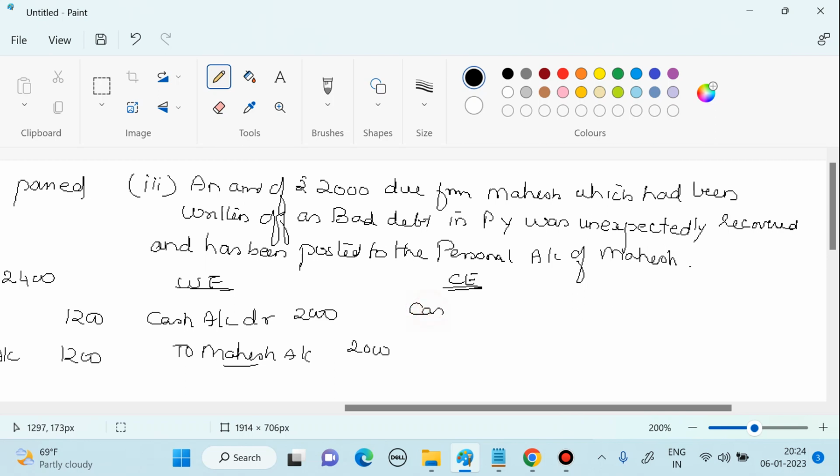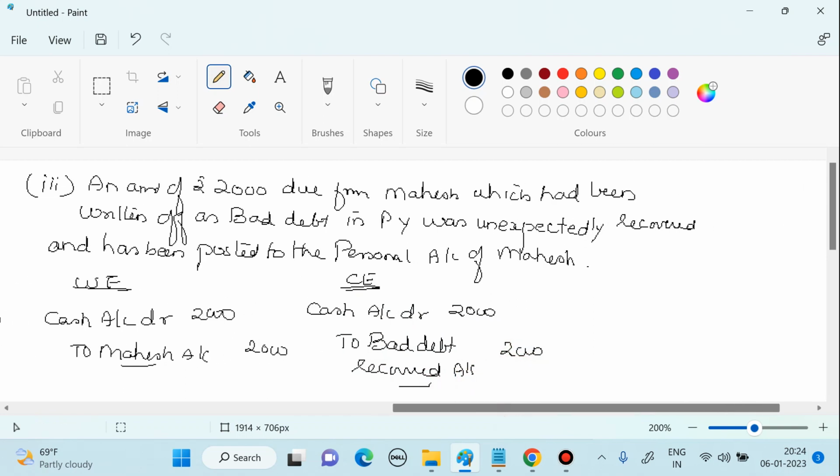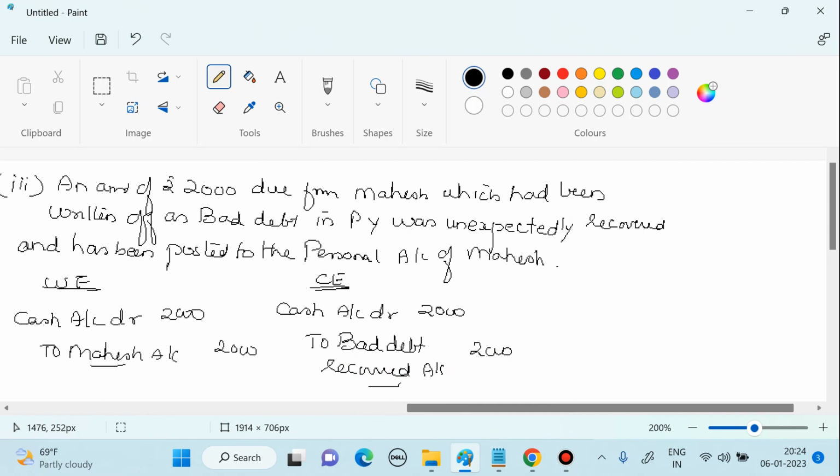And therefore, money coming in, you would debit that particular cash or bank account. You have to credit it to an account called bad debt recovered account. So that would come in the profit and loss on credit side as a gain, 2,000. Everybody getting that?